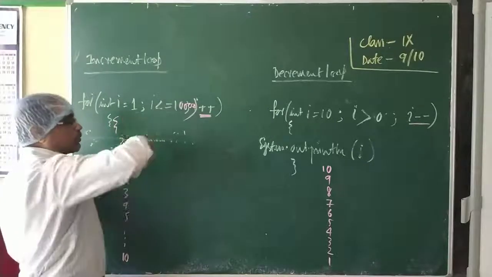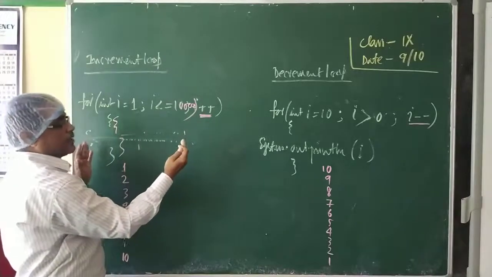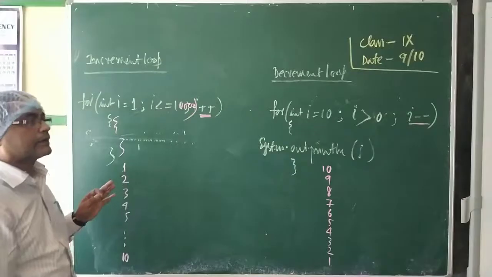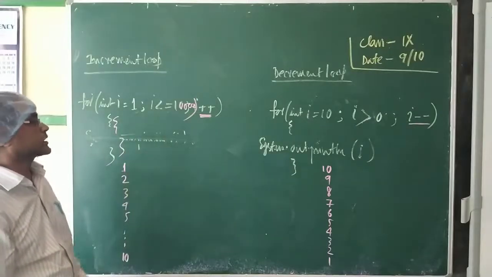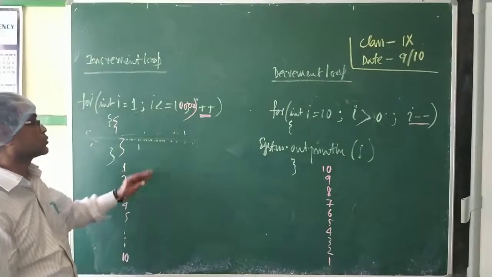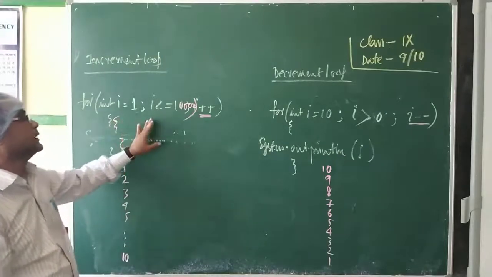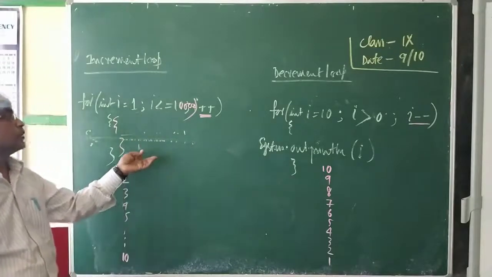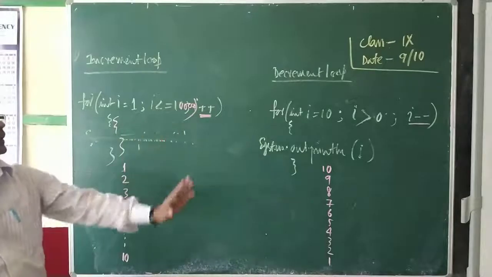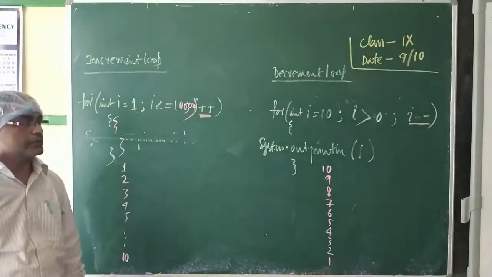No work, it just keeps on counting 1 to 1 lakh, and by that time certain things are displayed. On the basis of this concept, we can develop a clock on the screen, so that after some time the value will change. The delay loop, or null loop, with no work, is in the book, you can see it there. But for programming purposes these 2 are the main things: your increment and decrement loops.